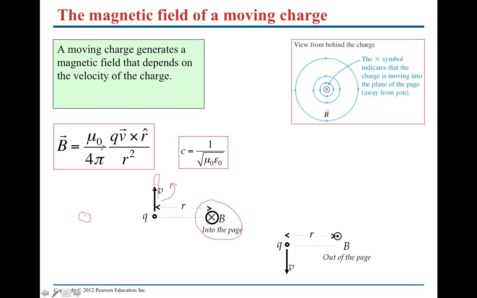Okay, so the way we'll find this magnetic field is by using something called the Biot-Savart law. The Biot-Savart law defines the magnetic field at some point r away from the moving charge. Mu naught is a constant, the permeability, which we defined in the first class, and the permeability and the permittivity are related in such a way that you can get the speed of light by simply taking 1 over the square root of the permeability times the permittivity of free space.